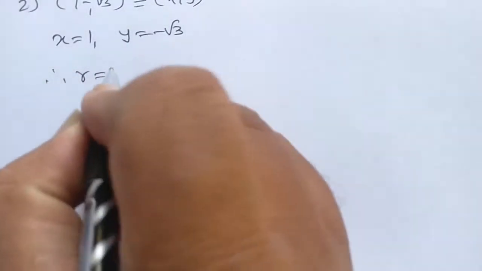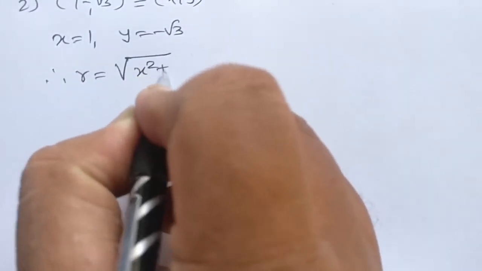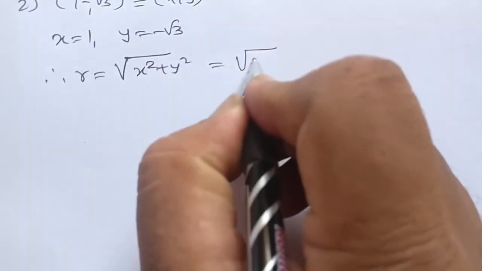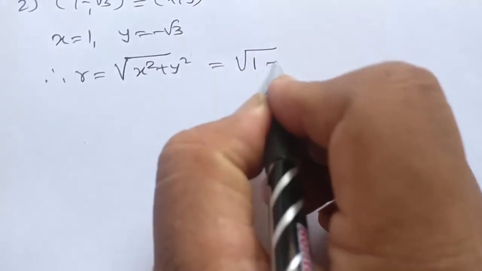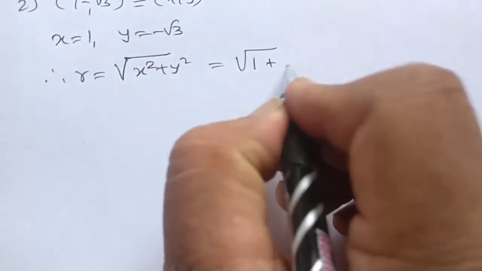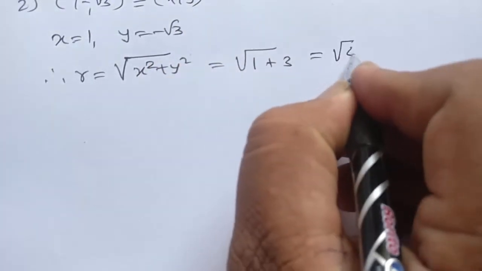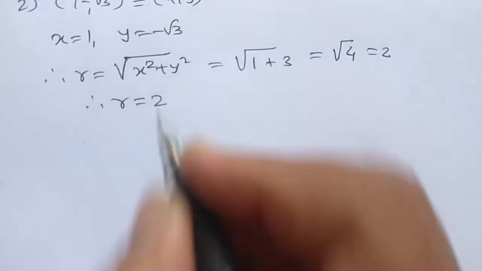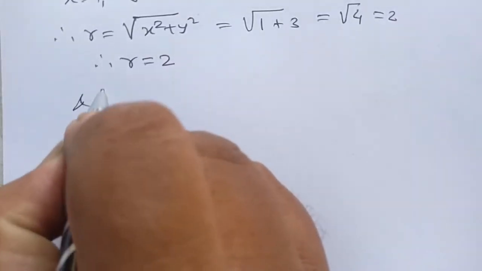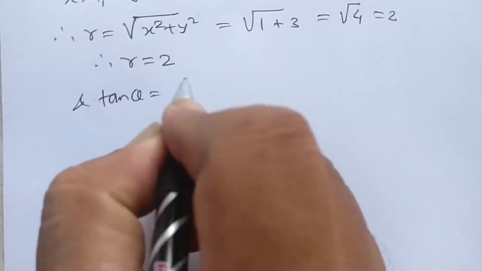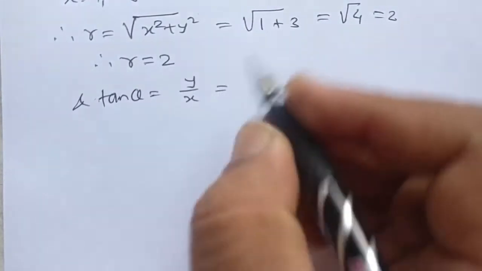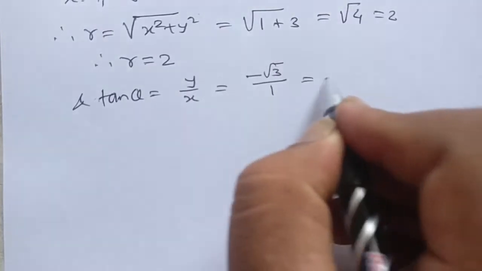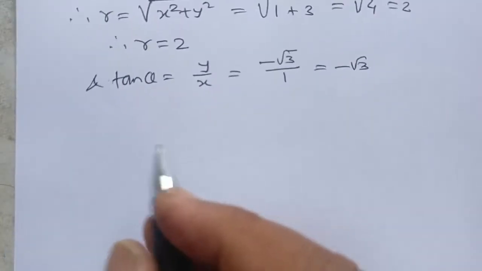Therefore, we know that r is equal to under root of x square plus y square, is equal to under root of 1 square is 1 plus minus under root 3 square is 3. So, under root of 4, it is equal to 2. So, we get r is equal to 2. And tan theta is equal to y upon x. Y upon x is minus under root 3 upon 1, is minus under root 3.